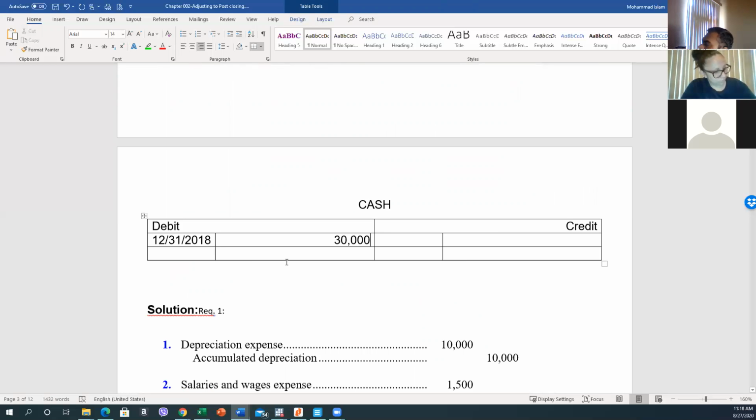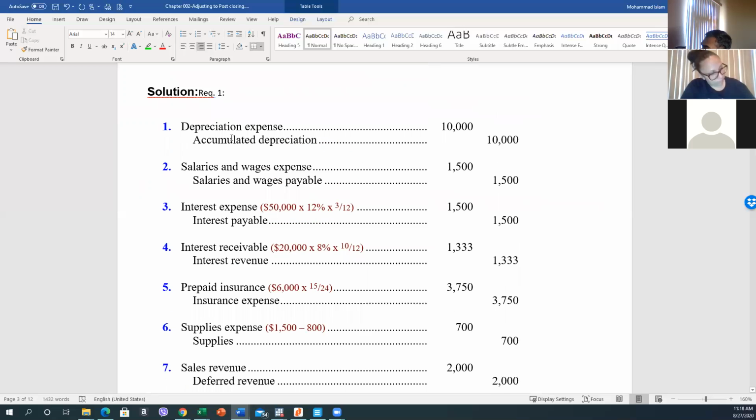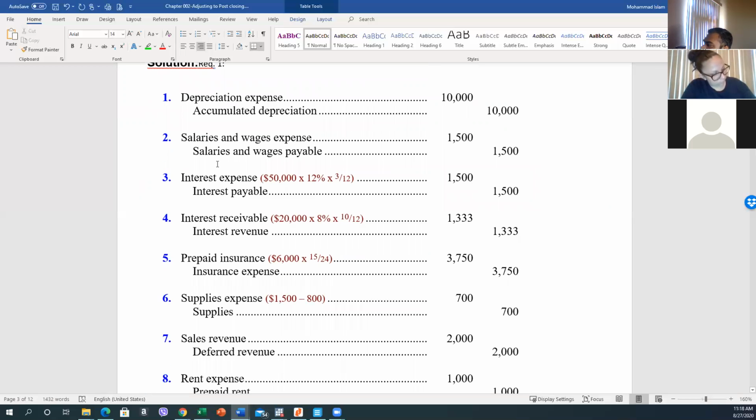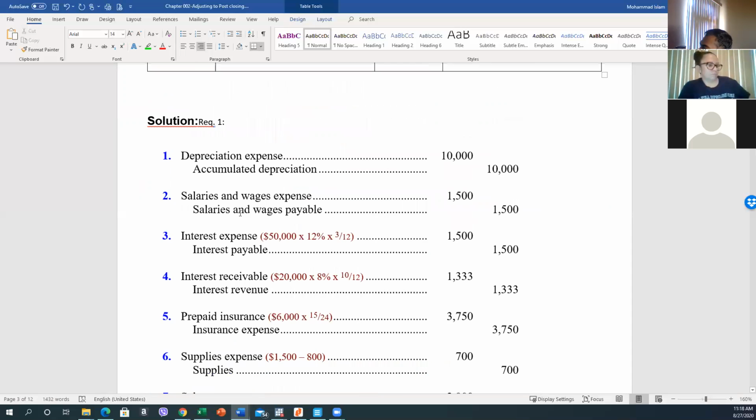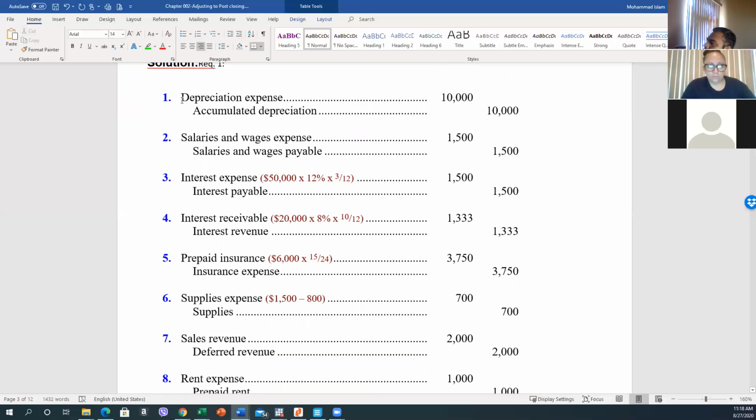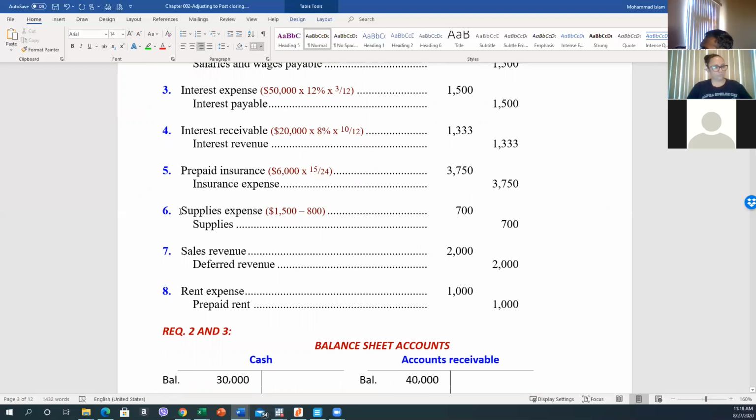Now we will see if there is anything related to cash in the adjusting entries. These are the adjusting entries we prepared in the last class: depreciation, salaries and wages, interest expense, interest receivable, prepaid insurance, supplies, sales revenue, rent expense, but we don't have any cash.